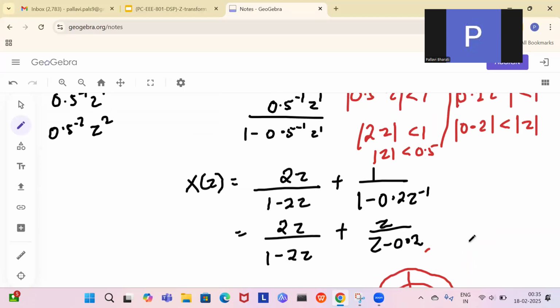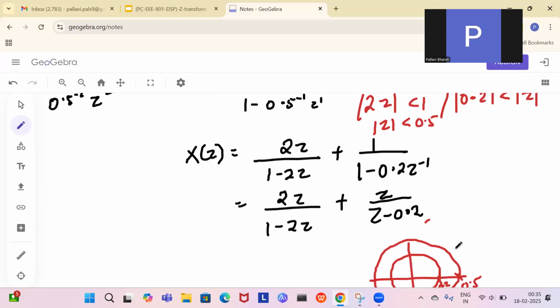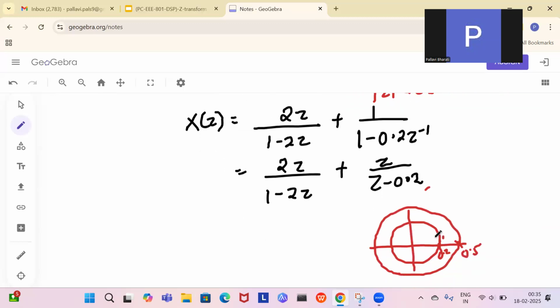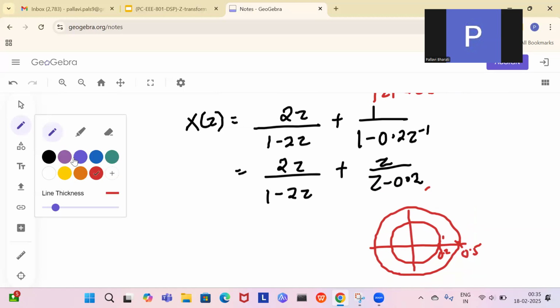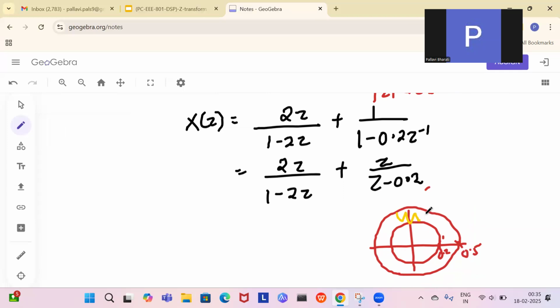Mod z is greater than 0.2 and lesser than 0.5, which means the annular region. So this is your answer. This portion is the ROC, or the region of convergence. So this is the ROC, where the Z transform exists. And this is the value, or the magnitude, of X(z).